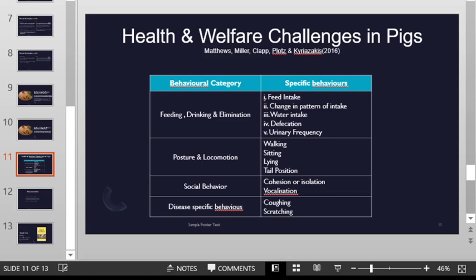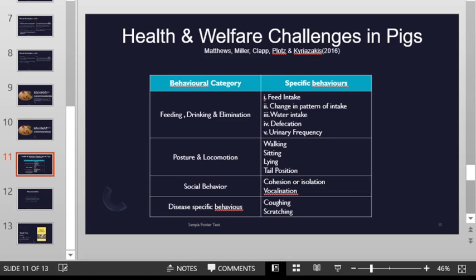And then you look at social behavior, and this refers to how the animal is interacting with their pen mates. Like I said in the earlier part of this lesson, if the animal is away from the pen mates, the animal is keeping to themselves, then of course this is a clear sign that something is wrong with the animal.